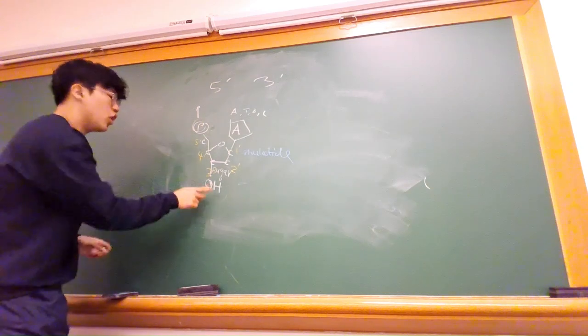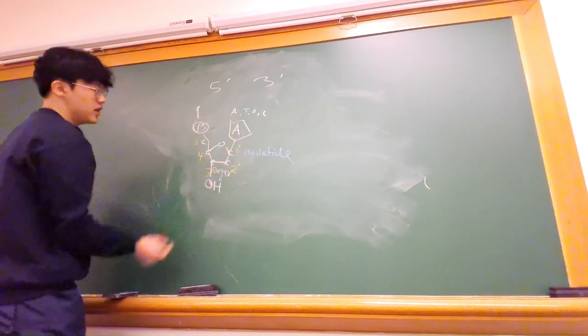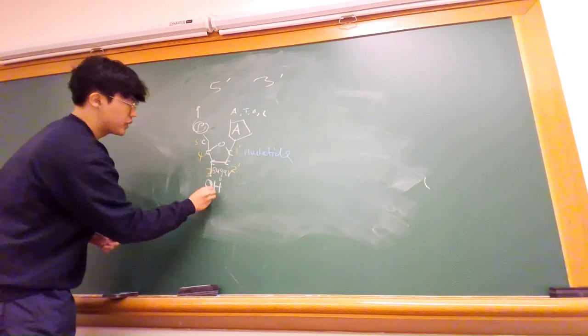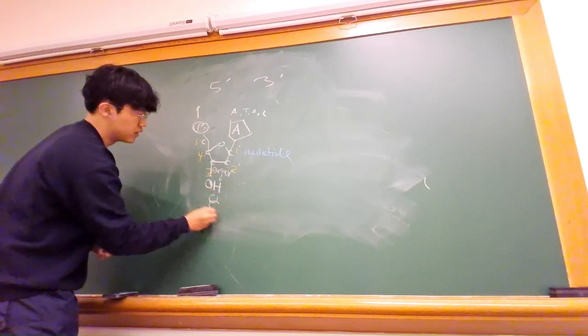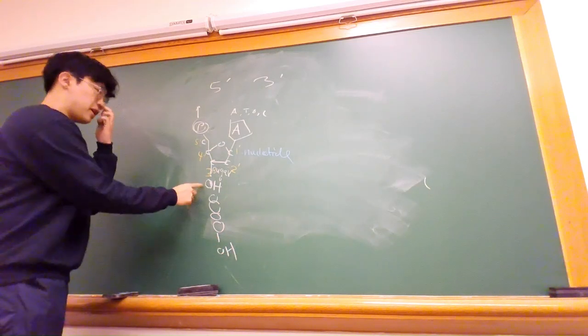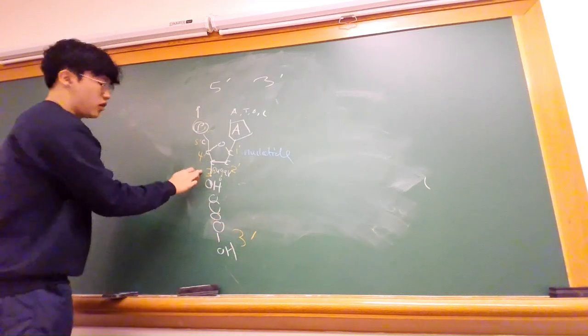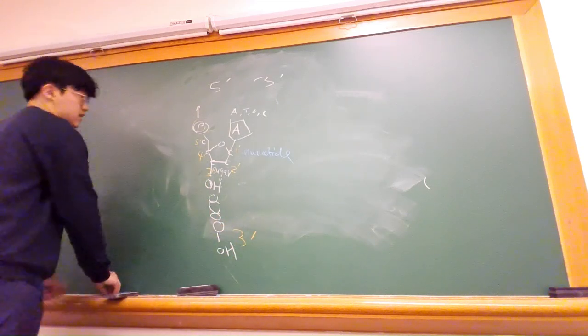So this OH is on the 3' carbon of this nucleotide. So after we have a bunch of nucleotides, let's say these circles are nucleotides, we're going to have this OH sticking off at the end. We call that the 3' end because it's on the 3' carbon.